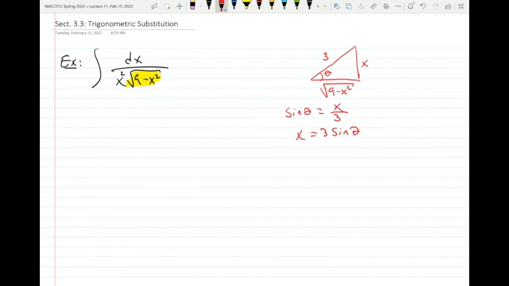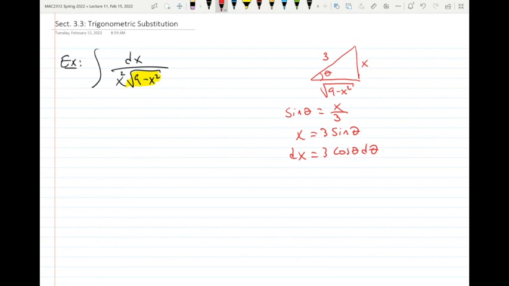That's your substitution. But I don't like that. I would rather draw a triangle. The triangle tells me what the substitution is. Okay? The moment that you have x, you can figure out dx. So dx is 3 cosine theta d theta. Okay? So I have a substitution for x. Therefore, I know what x squared is. I have a substitution for dx.